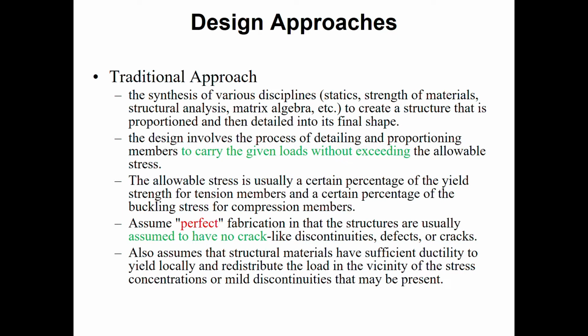There is nothing that makes it look a little bit defective. It is also assumed that structural materials have sufficient ductility to yield locally and redistribute the loads in the vicinity of the stress concentrations or mild discontinuities that may be present.